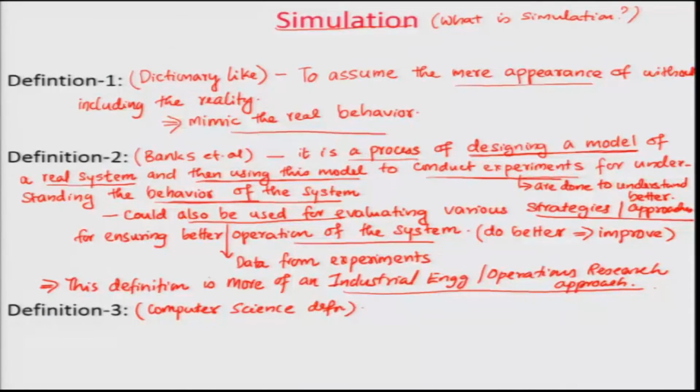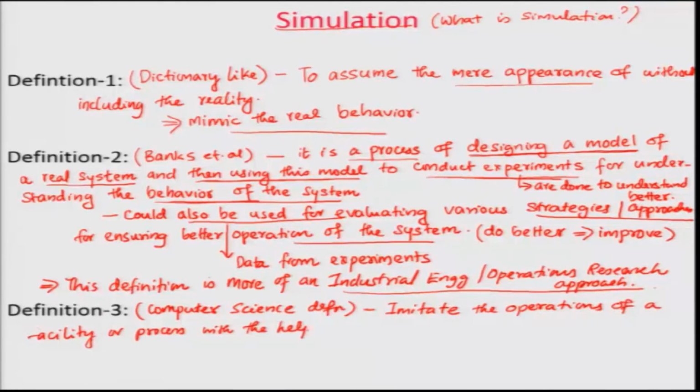The computer science definition says: imitate, like mimic, the operations of a facility or process with the help of a computer, usually.